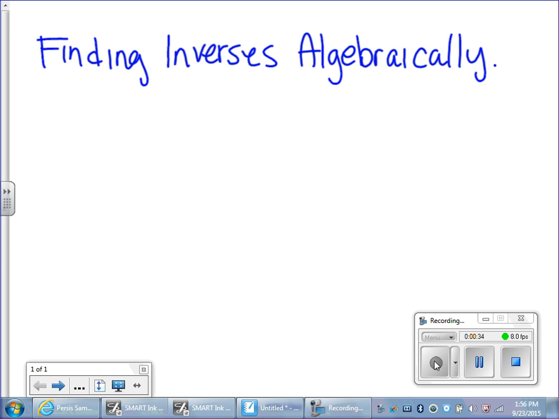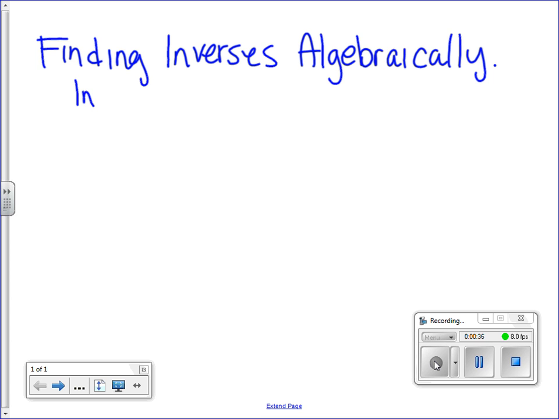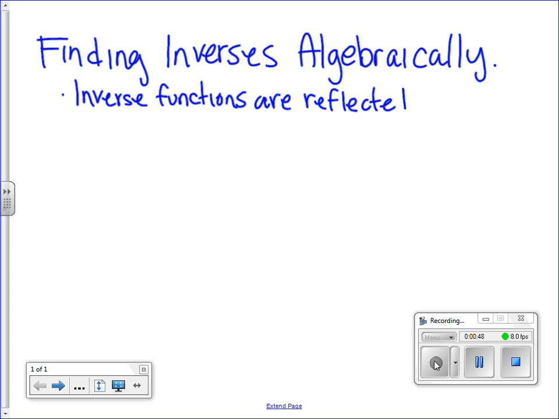And we all know that inverse functions are reflected across a line. So let's just write that down. Inverse functions are reflected across the line y equals x. And do you guys remember how we call that line?